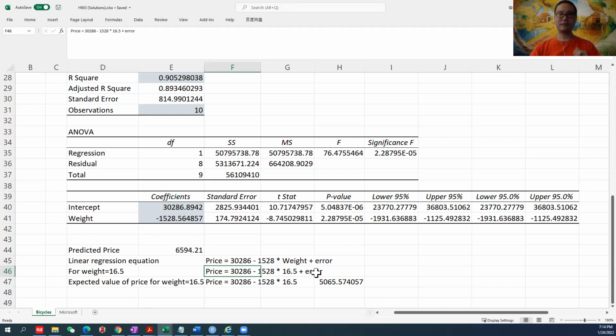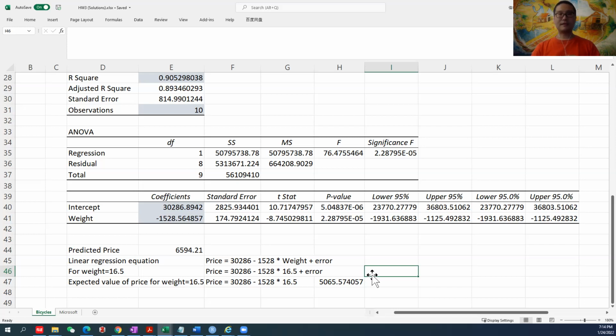However, what do we need to do with the error term? Remember that when we studied the linear regression models, we had quite a few assumptions. One of them is that the expected value, or the mean value, of the error term equals 0. So that's where it plays a role here.